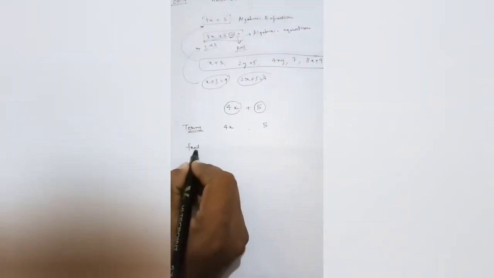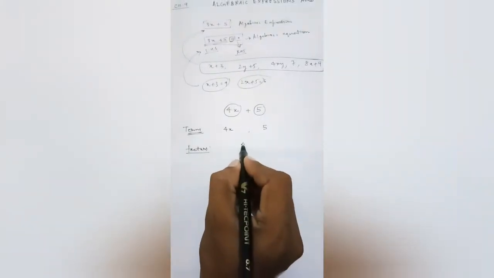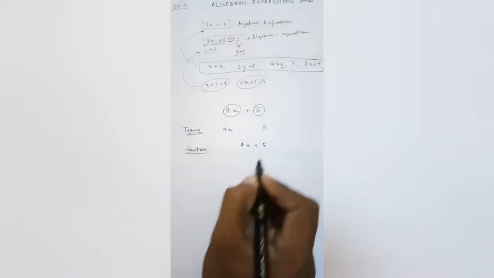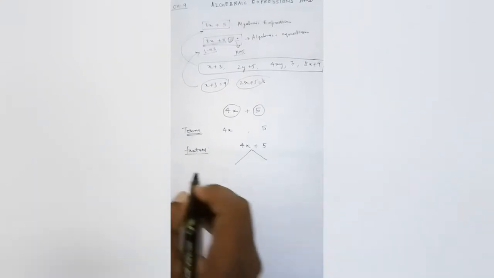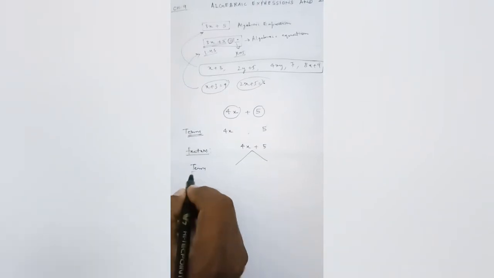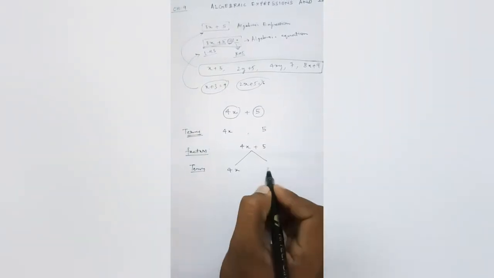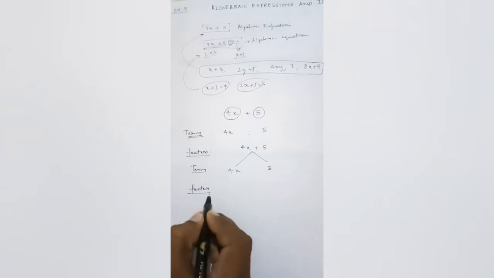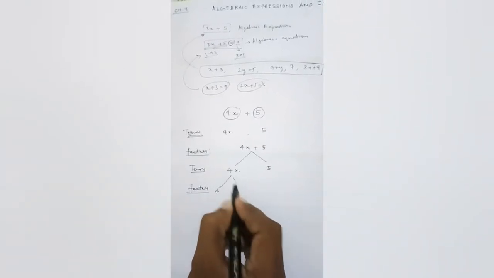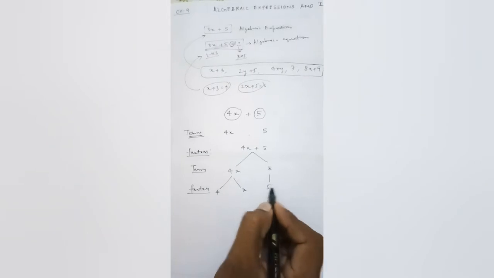And if I am talking about factors, as you read in 7th standard, you have drawn the factor tree diagram. If you have to draw the factor tree of 4x plus 5, first you have to separate the terms. Terms are 4x and 5. Now factors: 4, x, 5.